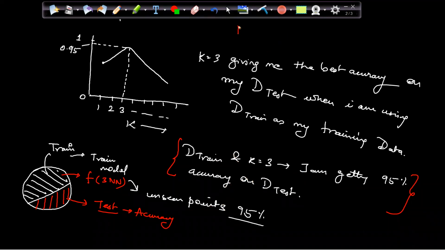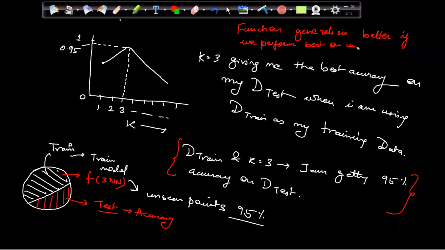I can say that the function, or the model which we are creating, generalizes better if we perform best on unseen data points, right?